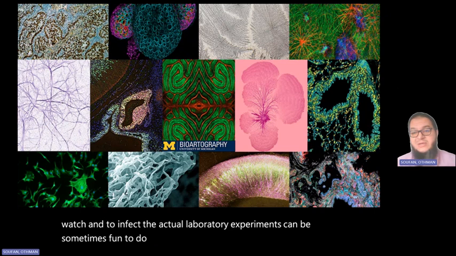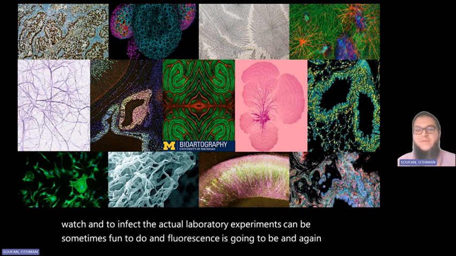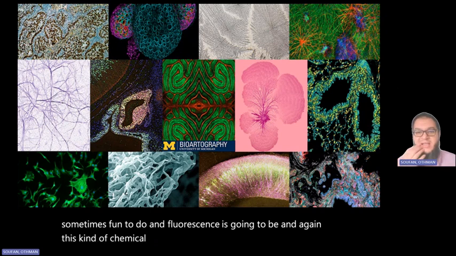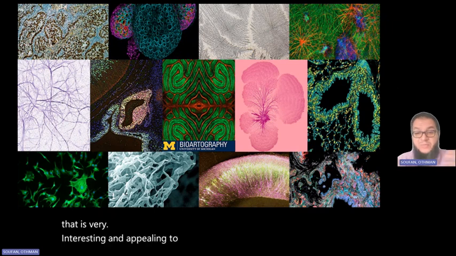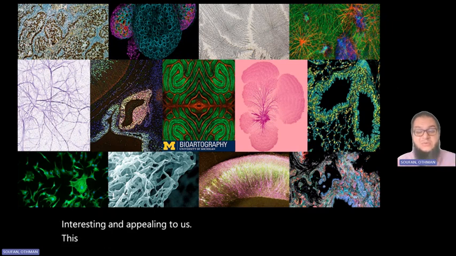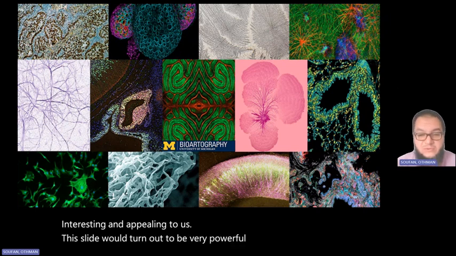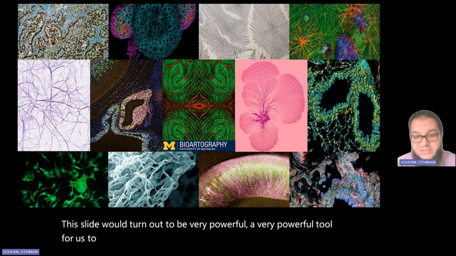And fluorescence is this kind of chemical reaction, with slides that are very interesting and appealing to us. It turns out to be a very powerful tool for us to measure certain information.